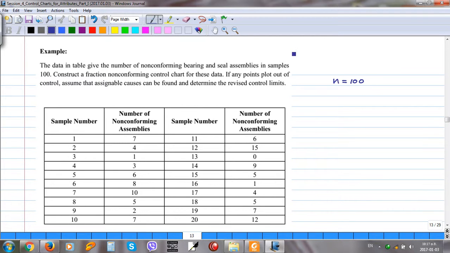Fraction non-conforming control chart means you have to develop a p chart, clearly mentioned. If any point plots out of control, assume that assignable causes can be found, then determine the revised control limits, as I mentioned in the previous slide.